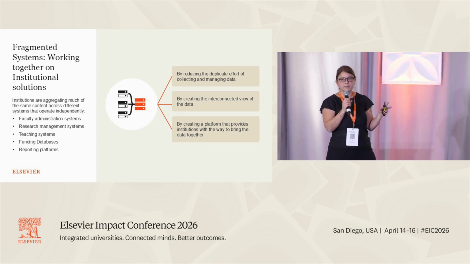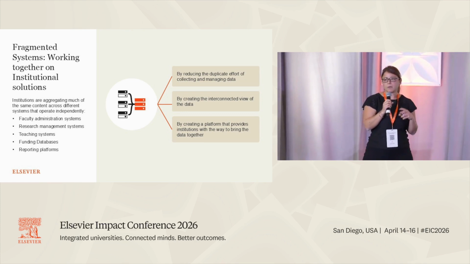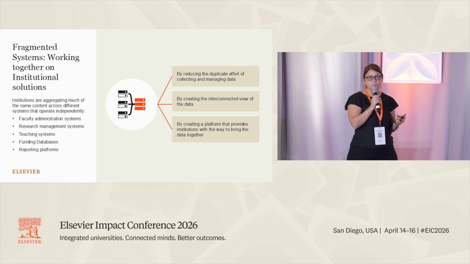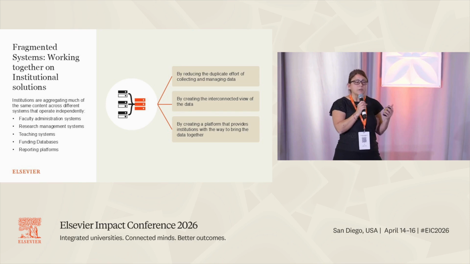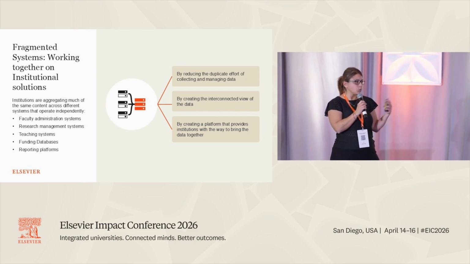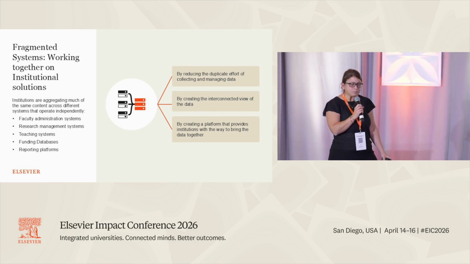And in these different systems, often they aggregate and use the same type of data for different purposes. So there is duplication of this data, and duplication of the effort to manage the data.